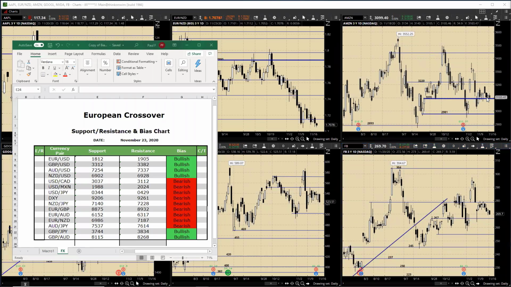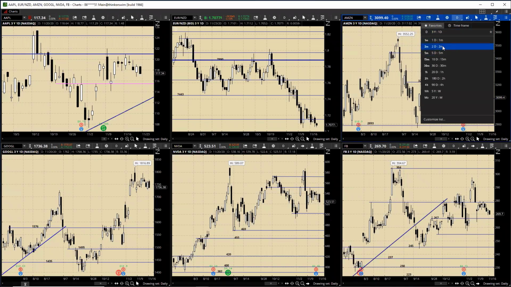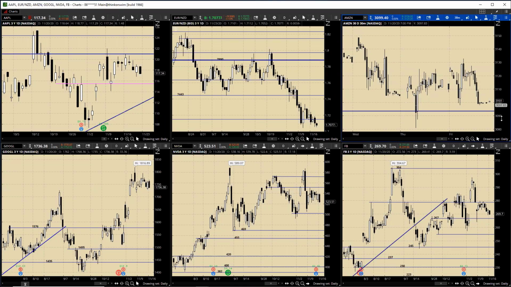Amazon stuck near this, but just below 31. With Facebook at 270. I don't expect a whole lot of movement here. Yeah, just at 3101, not a whole lot happening.